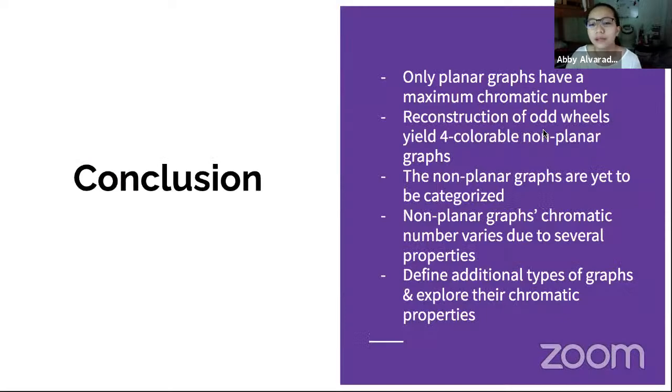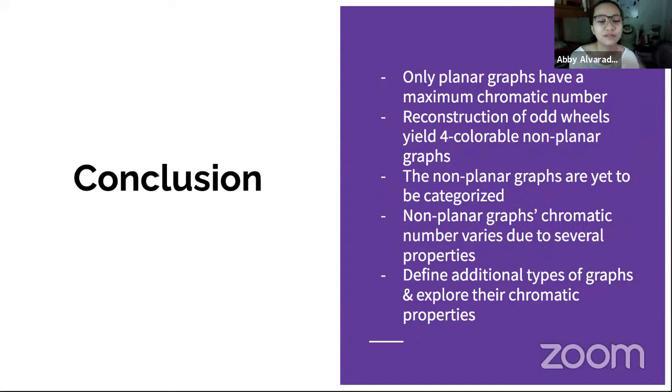Now, only planar graphs have a maximum chromatic number as her study stated, but the reconstruction of odd wheels yields 4-colorable non-planar graphs. I also forgot to mention that in the even wheels a while ago, there are some that work with Euler's formula, but there are some that do not.